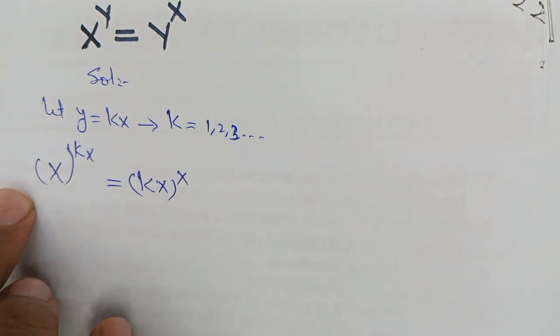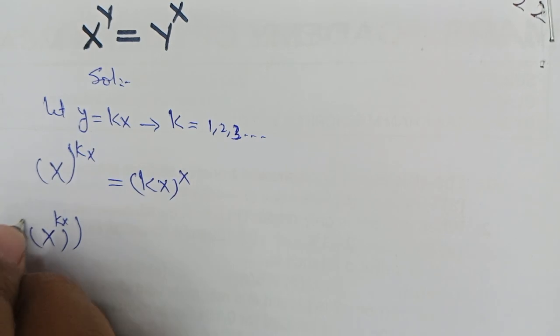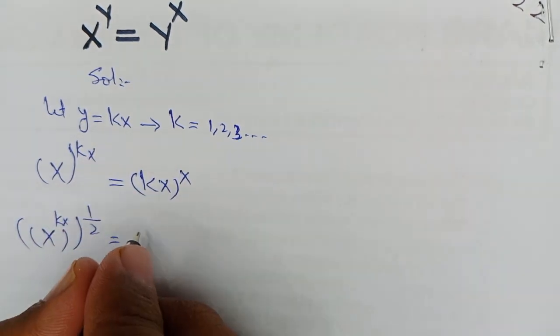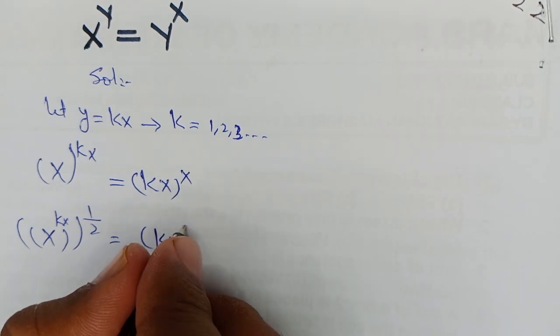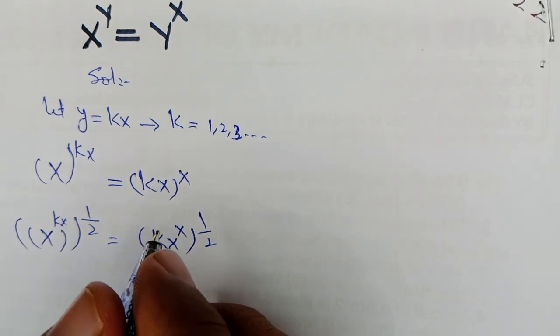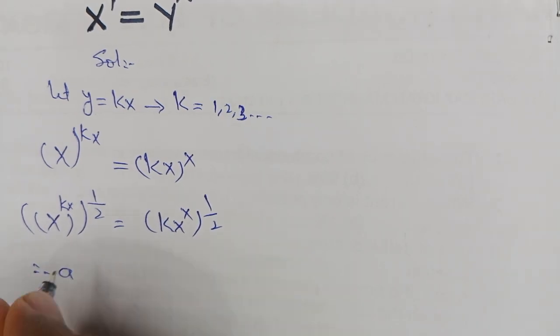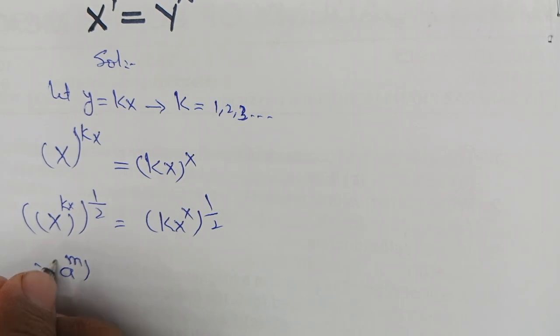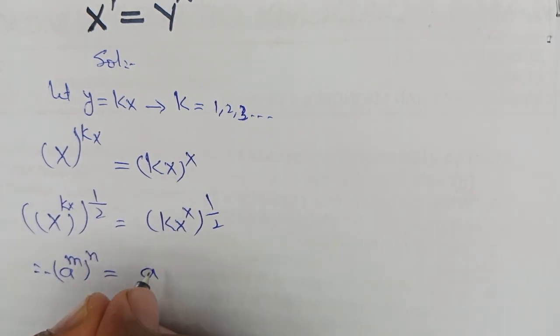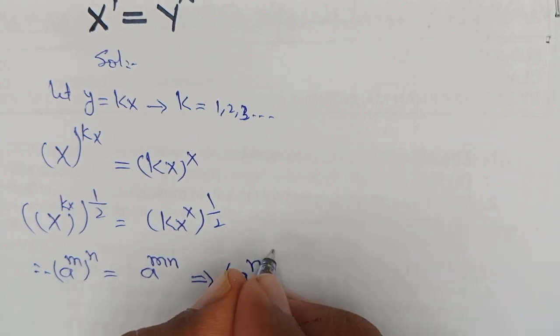Here we raise both sides to the power 1 upon 2. So we simply get k power kx whole power 1 upon 2, and k power x whole power 1 upon 2. Here we use a very common formula: a power m whole power n is equal to a power mn, and we can rearrange it like a power n whole power m.